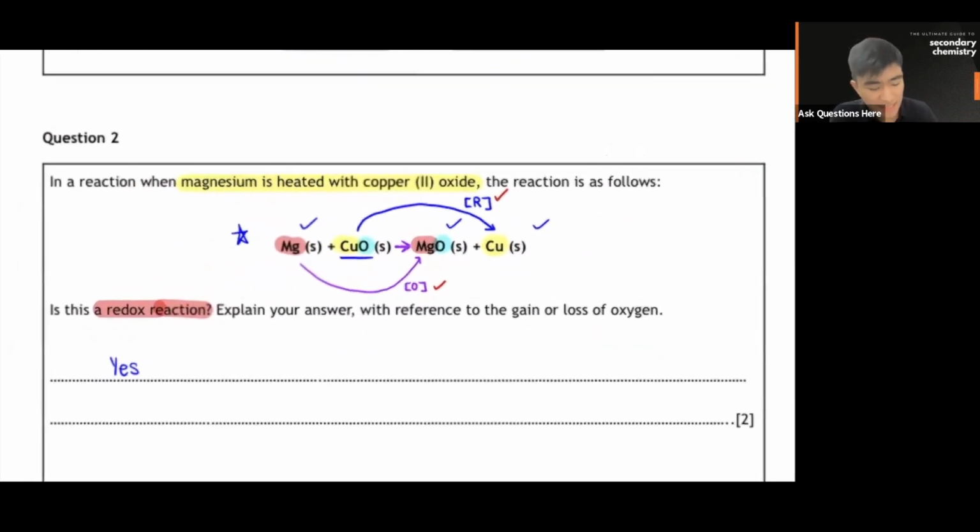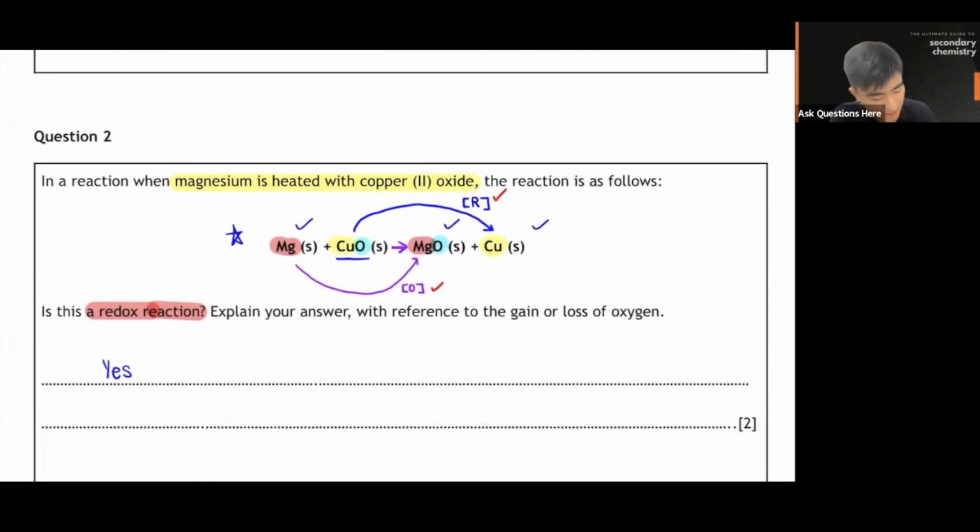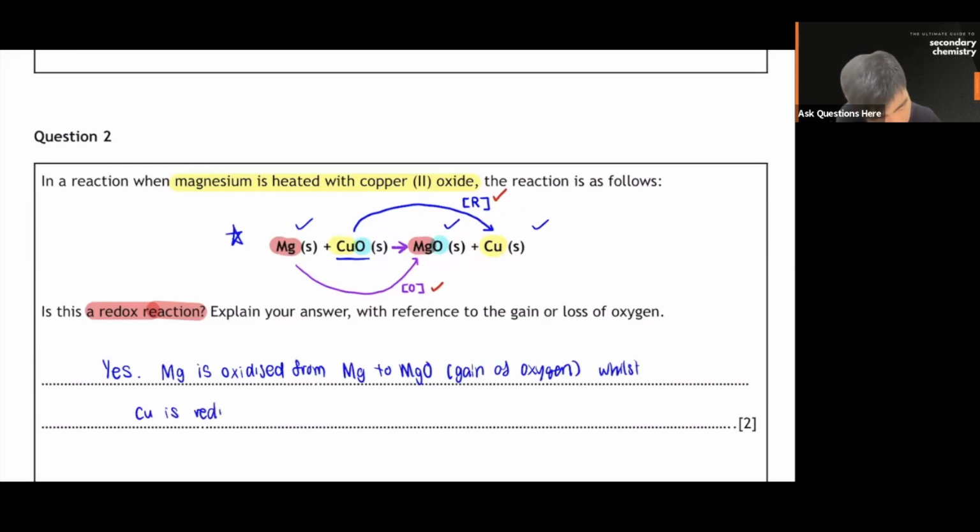So let's write this down in the answer space over here. Yes, because magnesium is oxidized from Mg to MgO. This is a gain of oxygen, whilst copper is reduced from copper oxide, CuO, to copper metal itself.